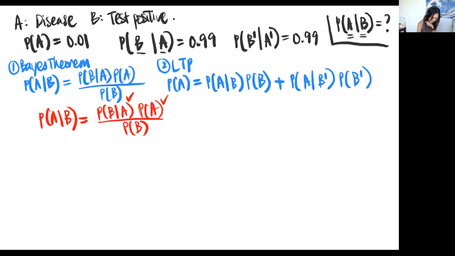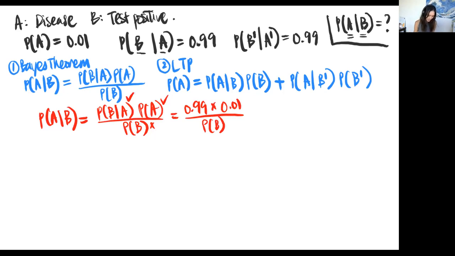We don't currently have probability of B, so that's something we're going to have to figure out. But for now, we can plug in 0.99 multiplied by 0.01. We just have to figure out what the probability of B is.